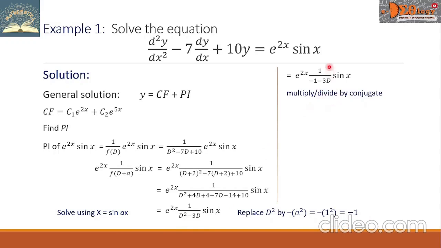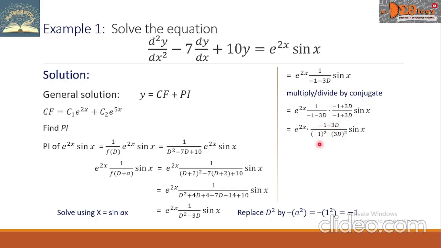At this point, we're going to multiply and divide the fraction by its conjugate. The conjugate is negative 1 plus 3D. Let us multiply 1 by the conjugate. It becomes negative 1 plus 3D.